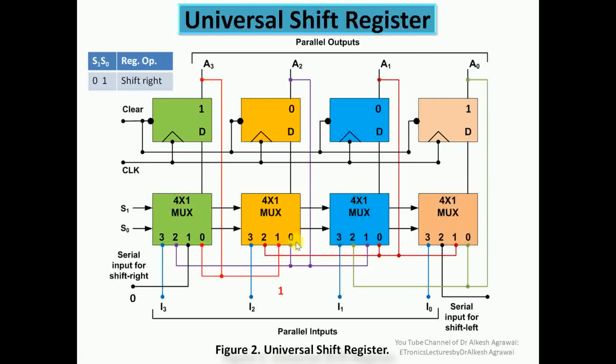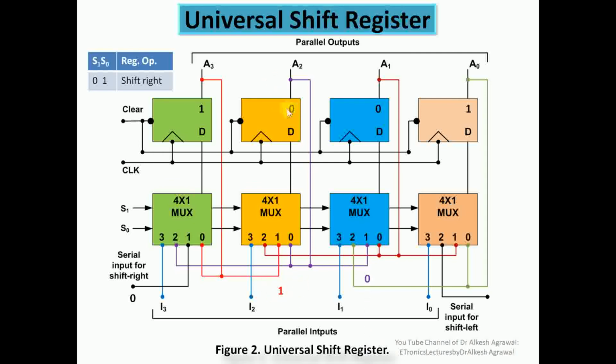What we have seen is that 1001 is stored in the register. This 1 is also coming to the 1 input of the previous multiplexer, as we have shown over here.